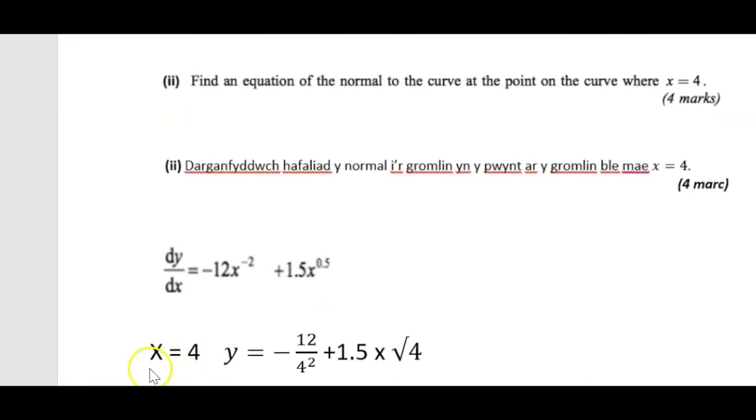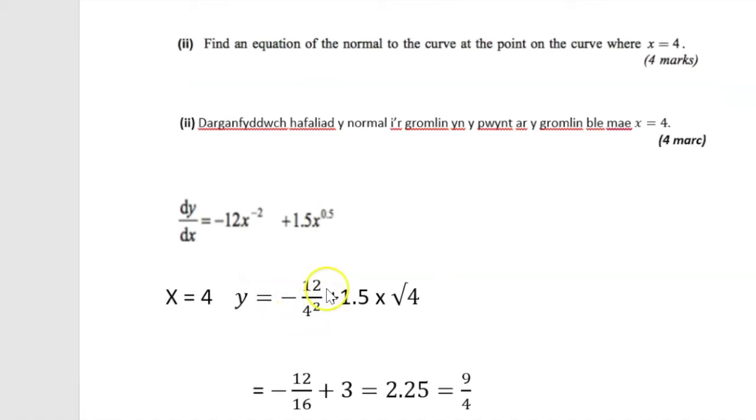When x is 4, dy dx is minus 12 over 4 squared plus 1.5 x to the power 0.5, which is the square root of 4. Minus 12 over 4 squared is minus 12 over 16. Root 4 is 2 times 1.5 is 3. So this is 3 minus 12 over 16, which is 2.25, or 9 over 4.